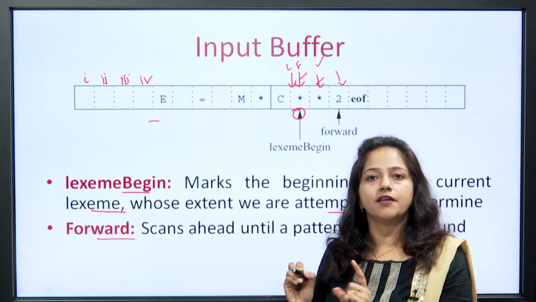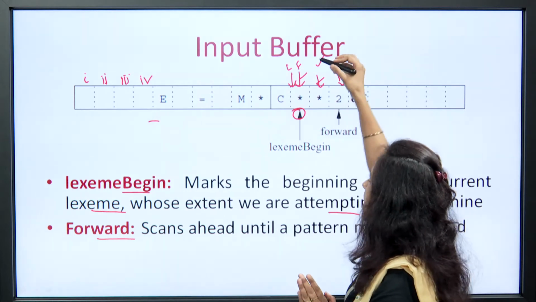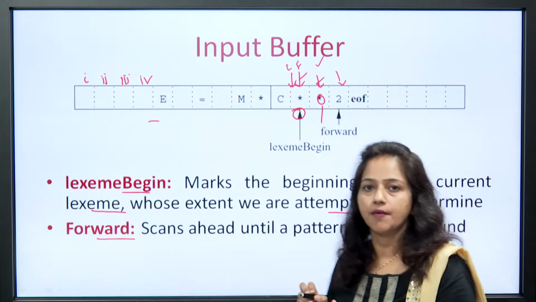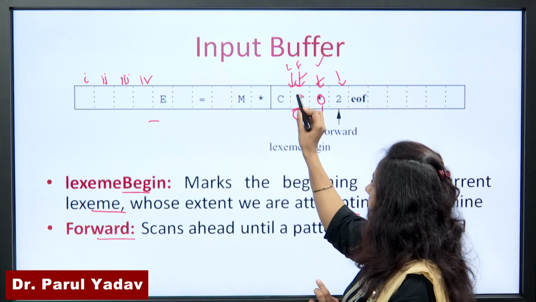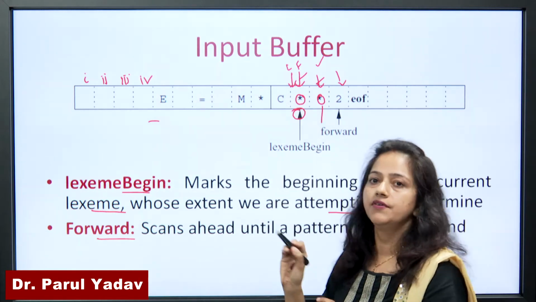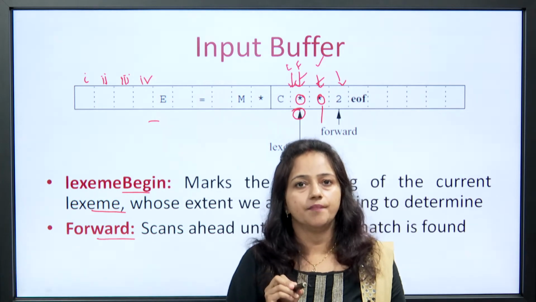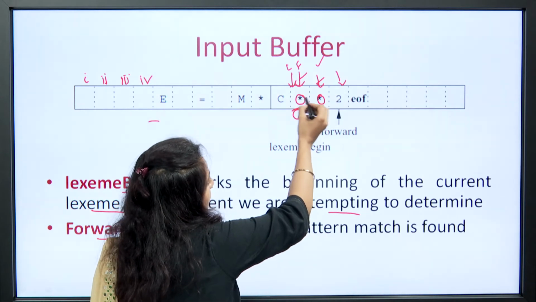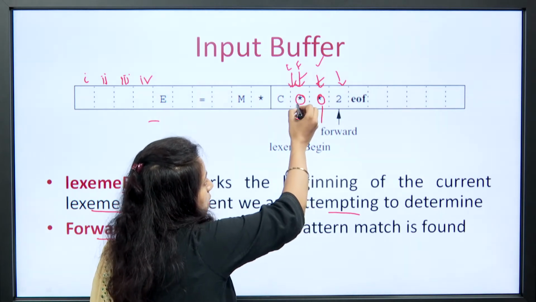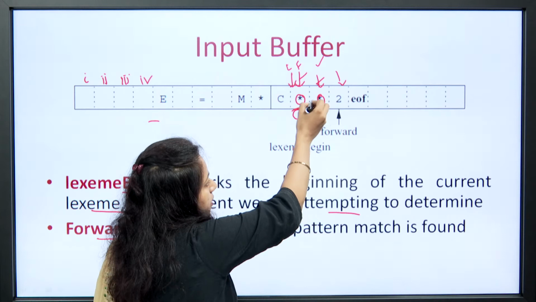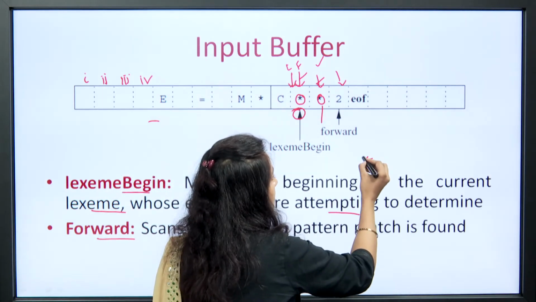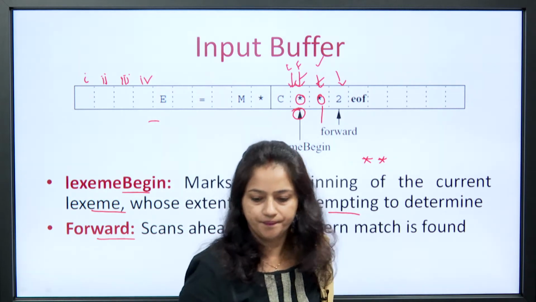Now the forward pointer will retract one cell to the left, coming back to this cell, while the lexeme beginning pointer remains at its previous cell. Now we can find the lexeme from the symbols between the lexeme beginning pointer and the forward pointer. So here we get the lexeme as double star.